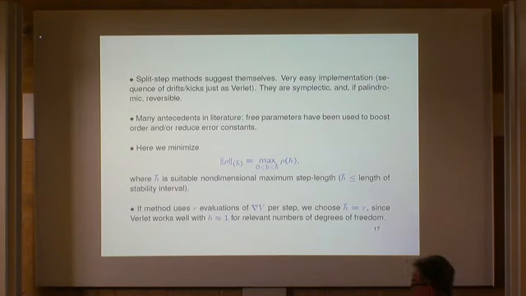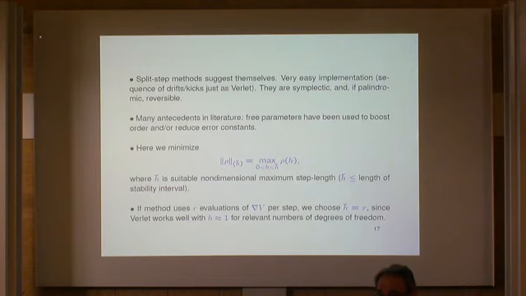Then how do we choose this h bar? Experimentally we found that for Verlet, a reasonable range of non-dimensional step sizes is from 0 to 1. For stability, it can go from 0 to 2, but if we have many degrees of freedom, then maybe 1.5 was too big. We thought that between 0 and 1 was reasonable.